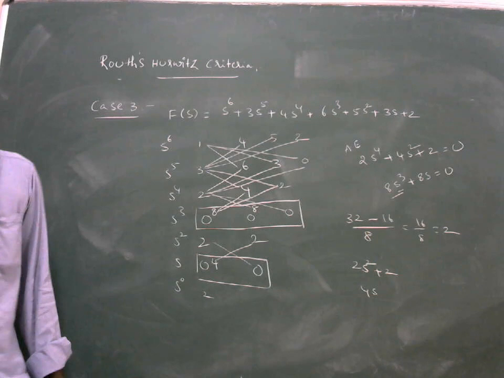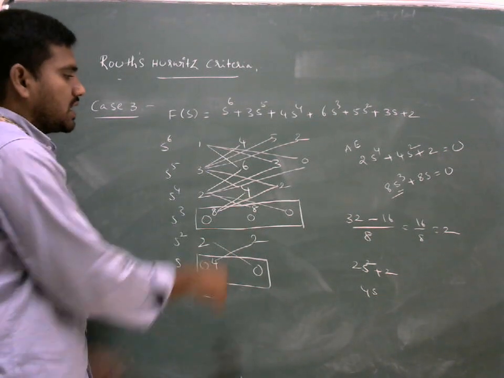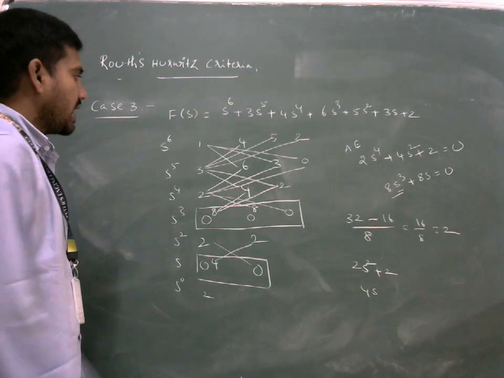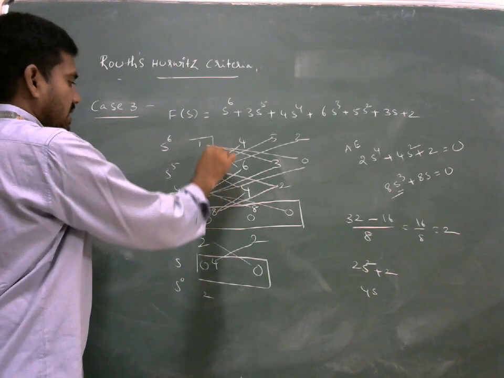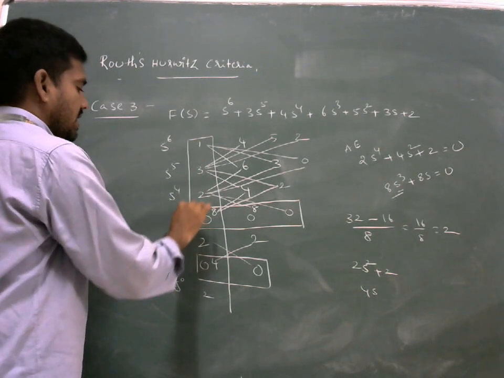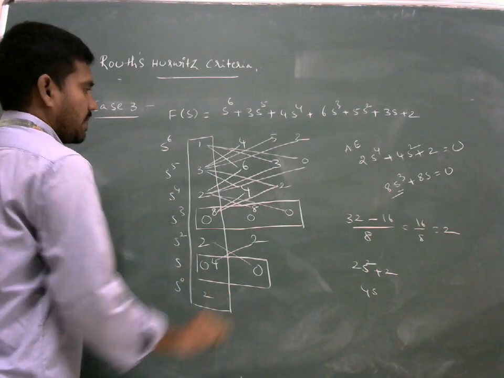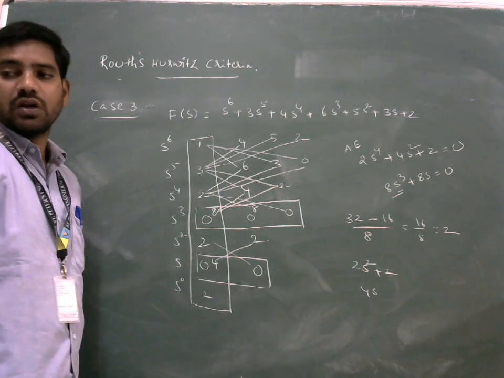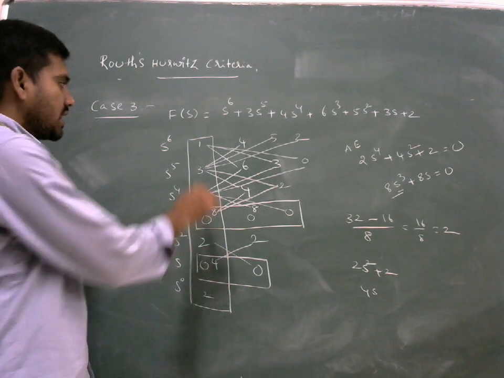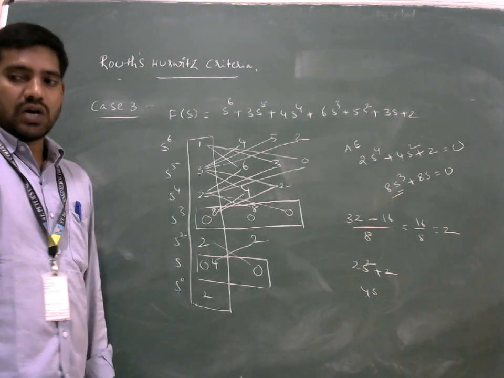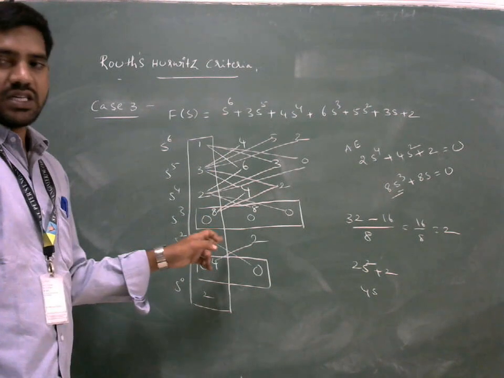Now, the auxiliary equation we are going to write down here. You need to check again in the first column. Always in a Routh-Hurwitz table, whether it is case 1 or case 2, whatever it may be, we are going to focus on the first column only. Now you check, are there any sign changes in the first column? No. Now we cannot say that the system is unstable.